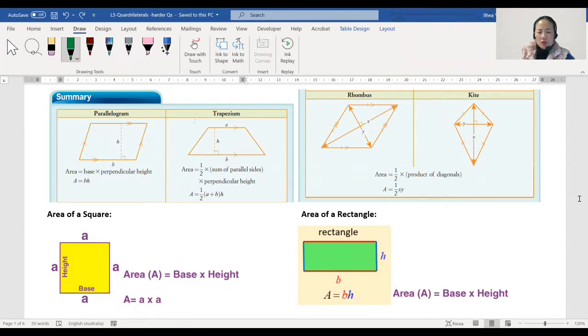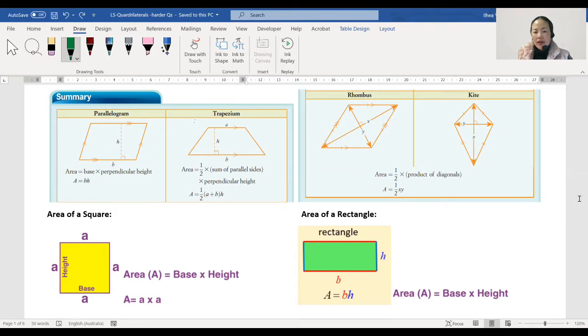One is base times height, for that it's not really related to triangles. If the shape looks like there's a triangle there, we're going to use half times base times height.